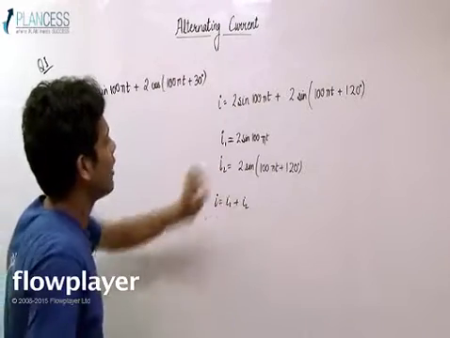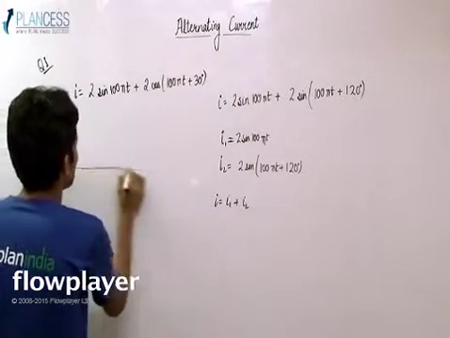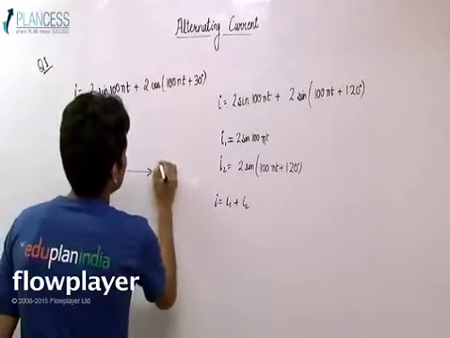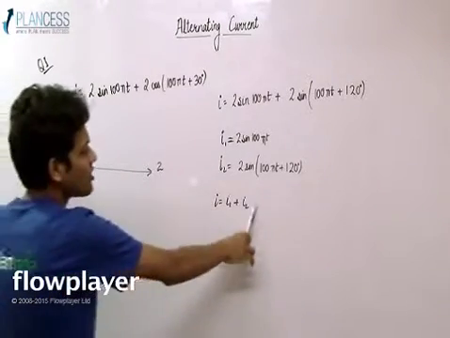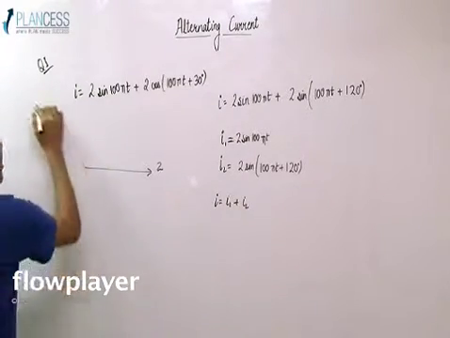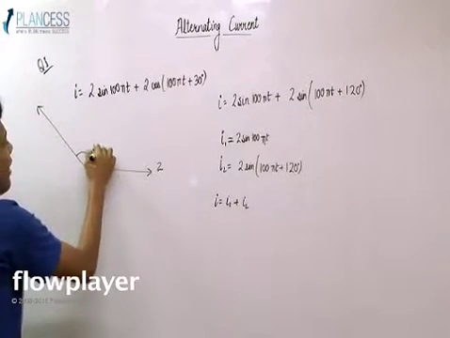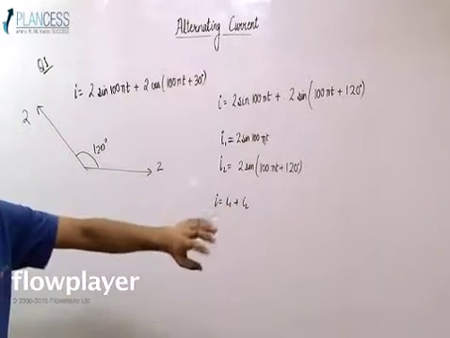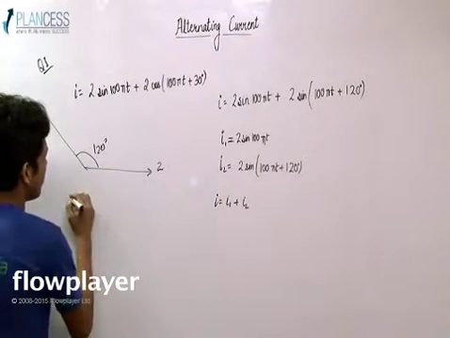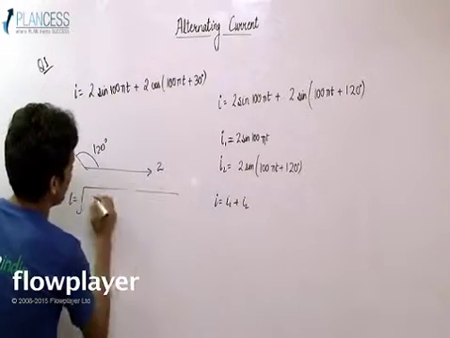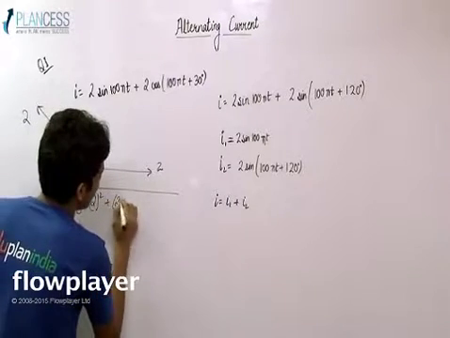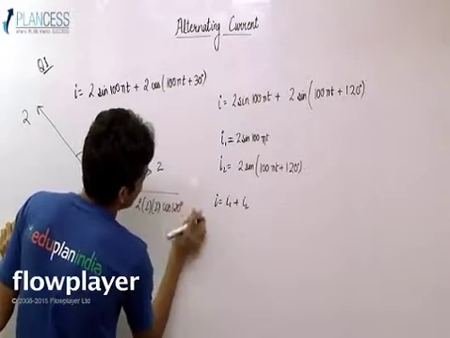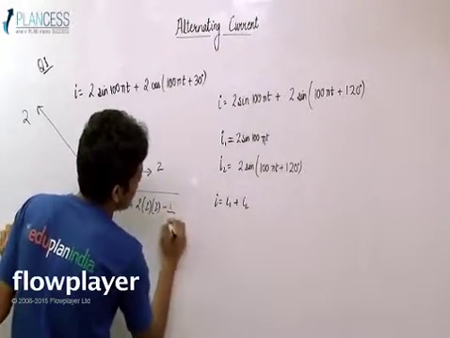We'll write down the phasor of I1, where I1 maximum you can see is 2. Now, if I want to write I2, the phasor of I2 is sine 100 pi t plus 120 degree. So that phasor would be here at an angle of 120 degree, and it has a value 2. So if I want to write the total, that is I equals I1 plus I2, that is this plus this, I can write the result to be root over 2 square plus 2 square plus 2 into 2 into 2 into cos 120 degree, where cos 120 degree is minus half.